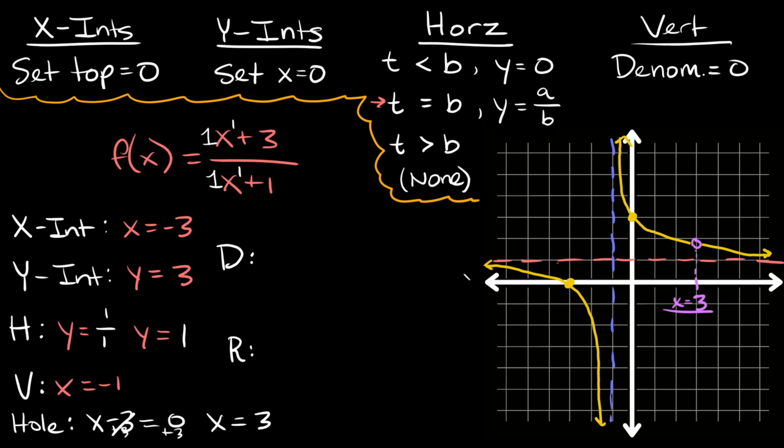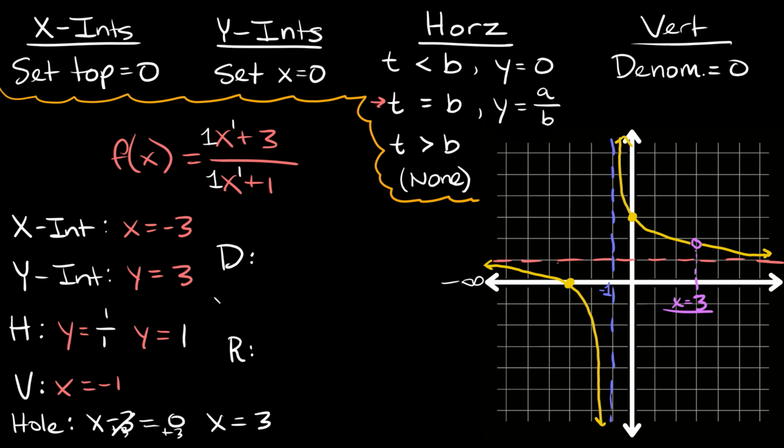So the domain here, you can see we have function, right? We're coming along the x-axis from negative infinity, coming along. And then we have this vertical asymptote that we have to skip over, which is at -1. And then our function picks up again, right? So we have function, but we have this hole that we have to account for. So we have to skip over this point right here at +3, and then the function picks up again and just keeps going and going and going.